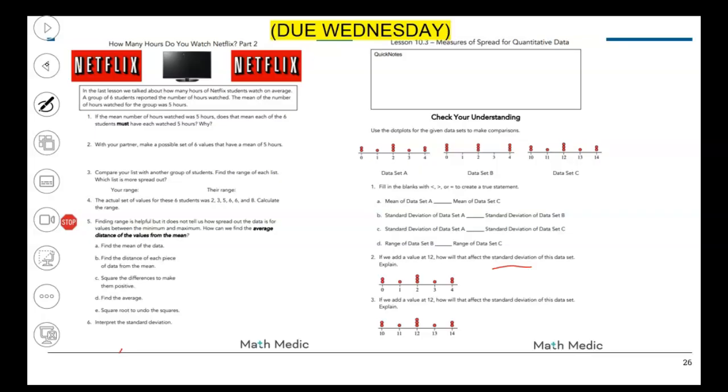And since it's only 6 numbers, this whole paper, your work needs to be shown on here. You're not going to use Excel for 6 little numbers that are less than 10. So again, all your work needs to be on this paper for the Netflix problem. Now, can you use Desmos if you need to for the squared part? Yes, that's fine.